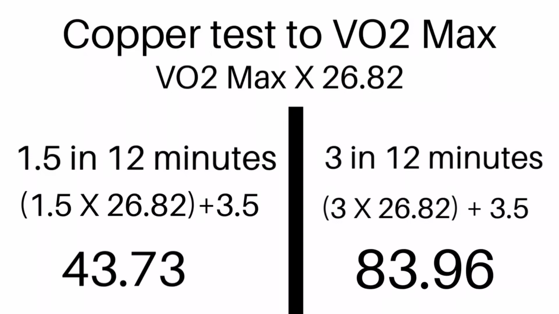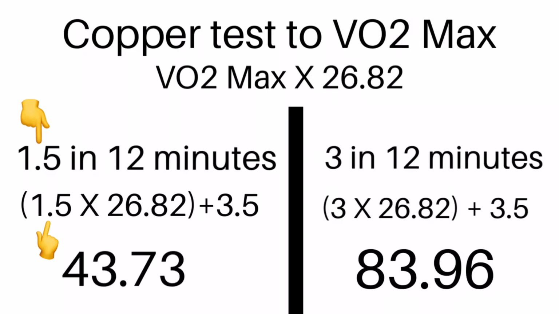Then you're going to plug this distance number into a formula to get your predicted VO2 max. So let's say, for example, you get exactly 1.5 miles. You covered that much distance in that 12 minutes.